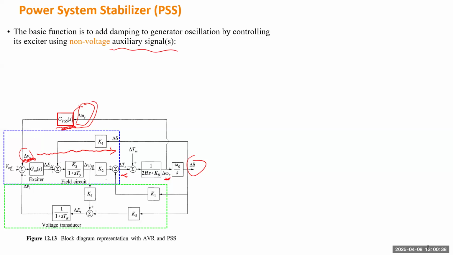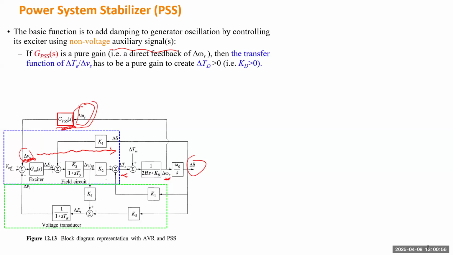We know that a typical excitation system measures a voltage signal, then provides some control signal, also voltage, right? Remember the control block for the excitation system or AVR, all the signals are actually voltage. But here for the PSS, it measures the speed deviation.